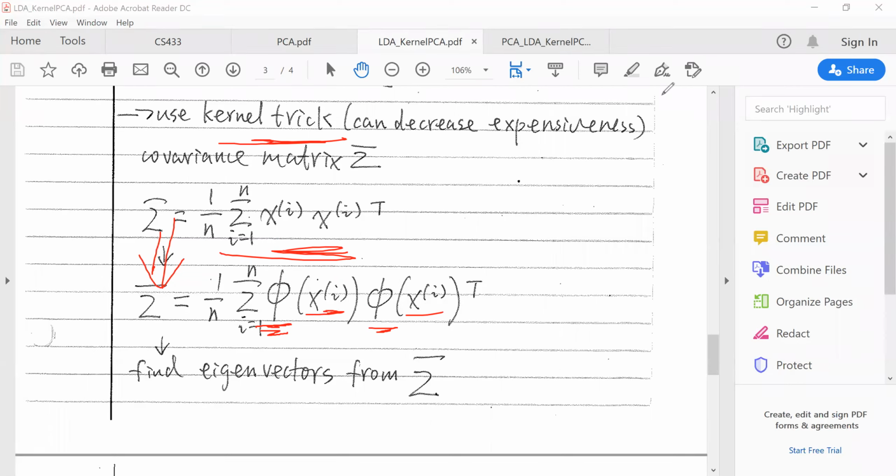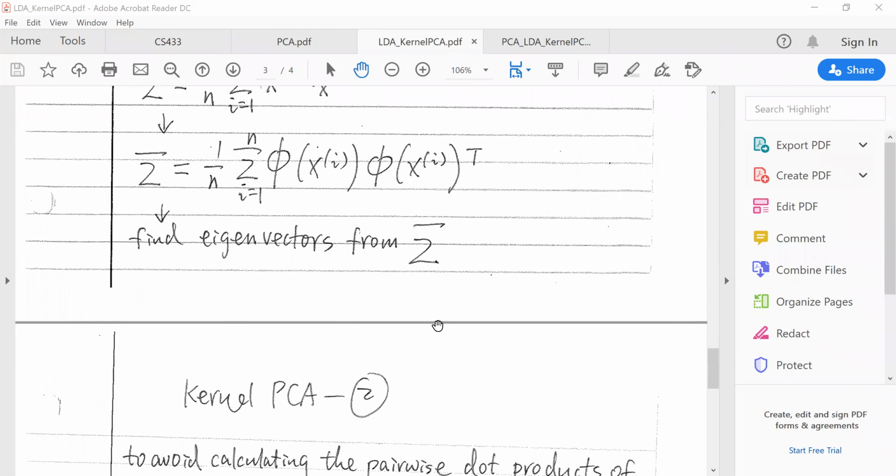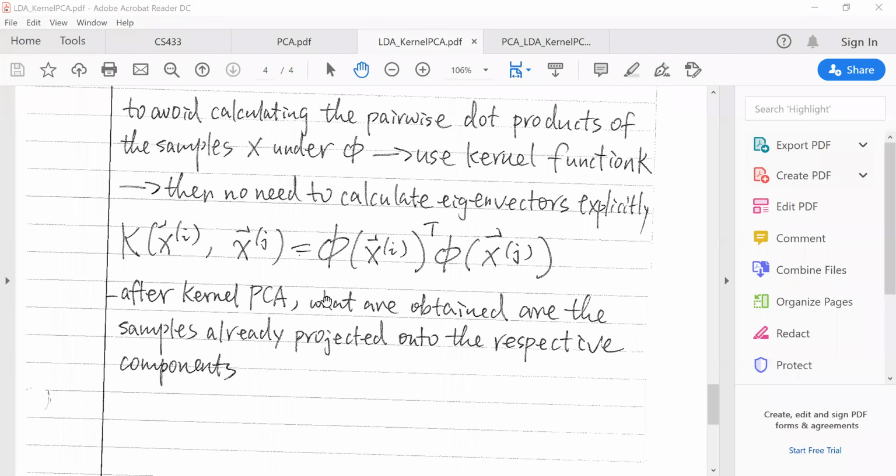And then in this case, you will find the eigenvectors for this new transformed feature space. And once you have that, the remaining steps are just the regular PCA, okay?